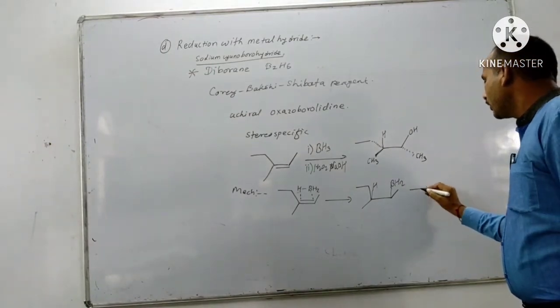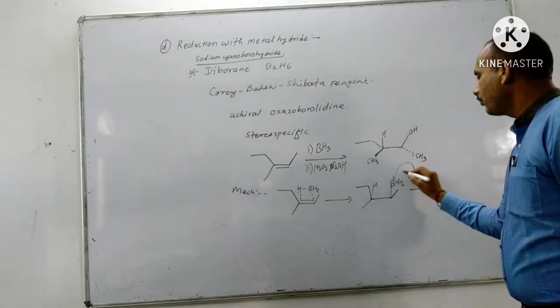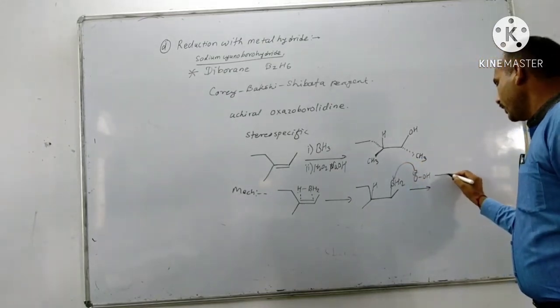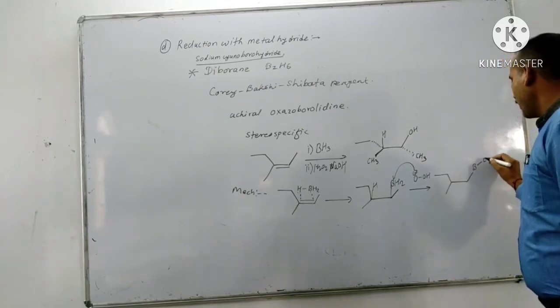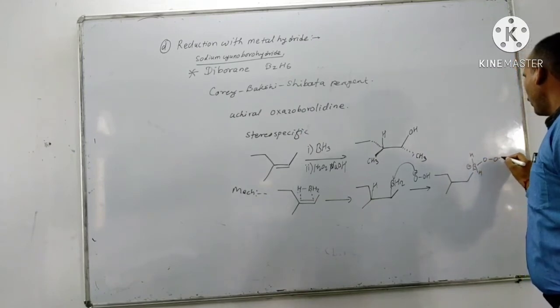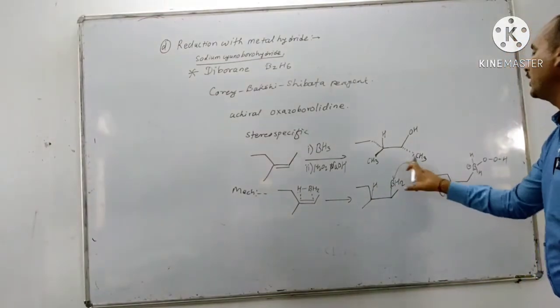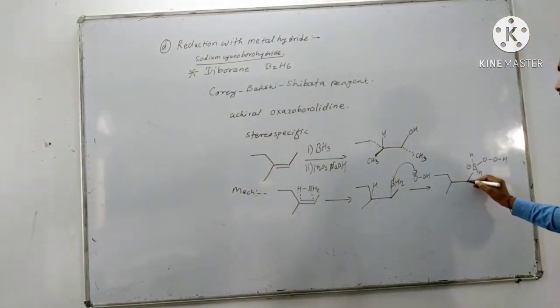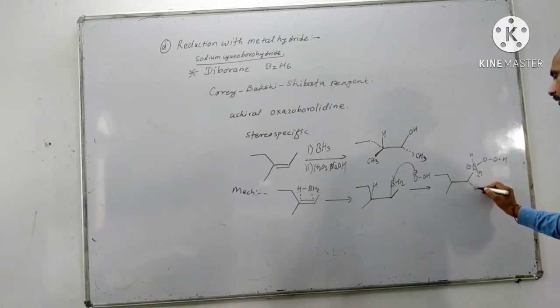Now O minus OH attacks on boron. So there is BH2 minus OH. So NaOH abstracts proton from hydrogen peroxide, there is formation of O minus. O minus attacks on this boron. Now here is CH3. We can write here this as downside CH3.